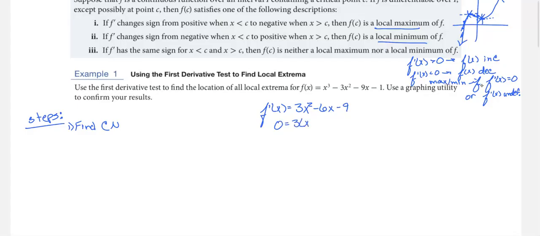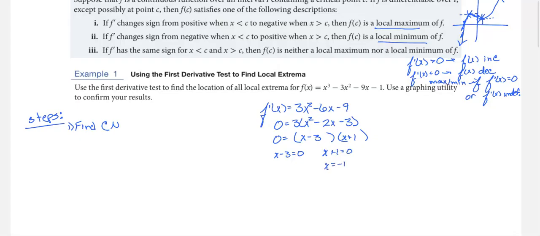I'm going to factor a 3 out, and divide by 3, so that's why my 3 is gone there. This factors into x minus 3 times x plus 1. So I've got two critical numbers.